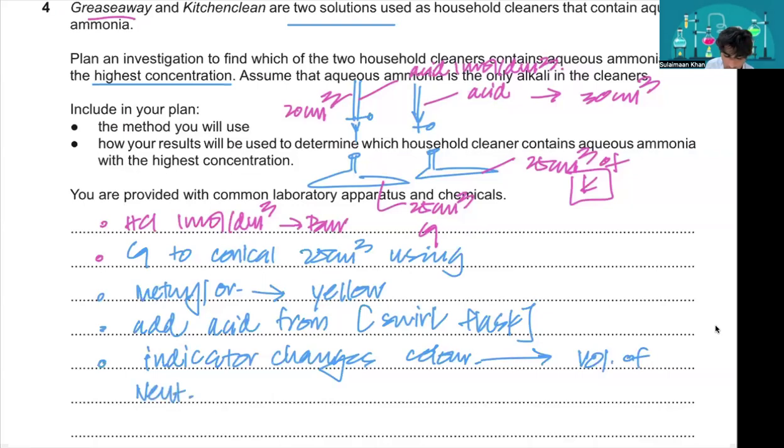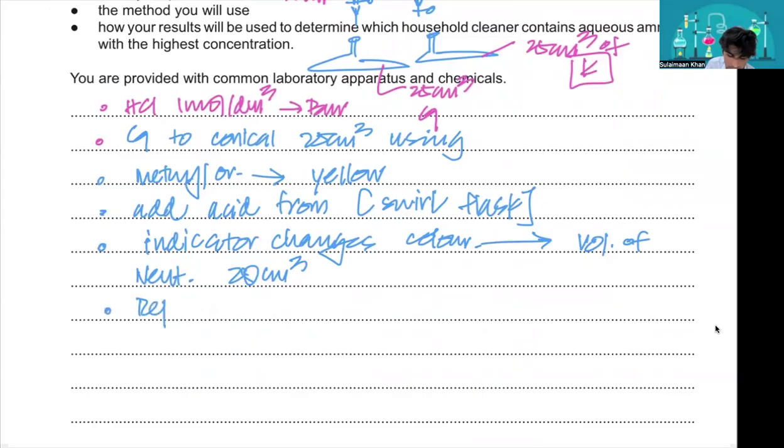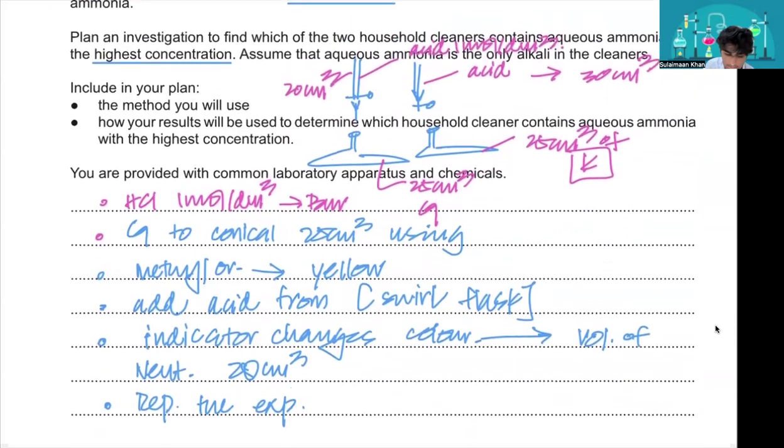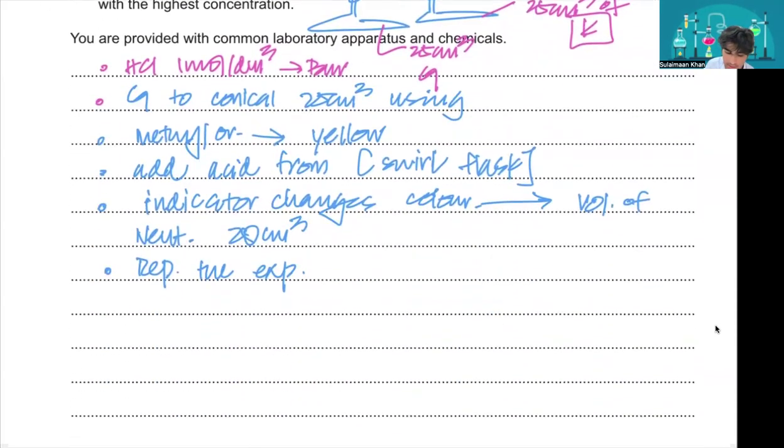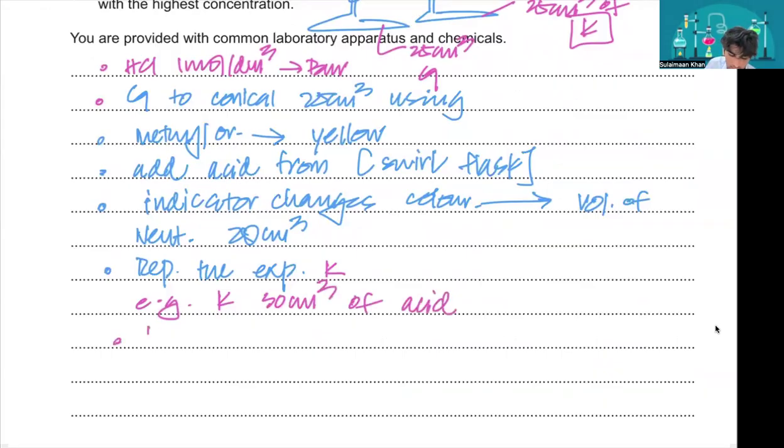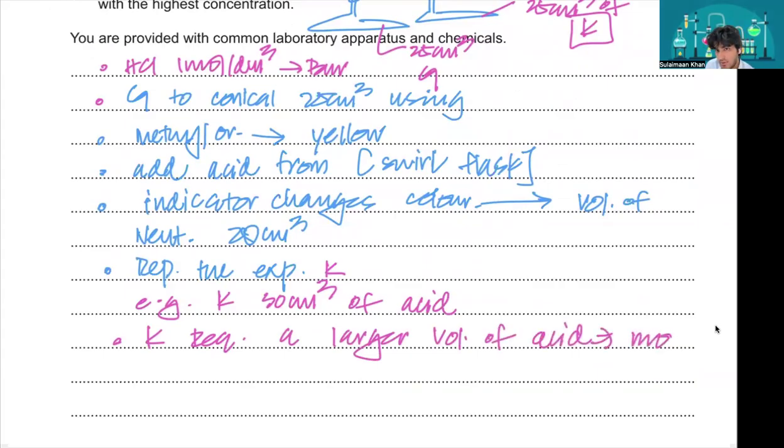Let's suppose for G it required 20 cm cube, and then repeat the experiment with K, and K needed 30 cm cube of acid. Since K required a larger volume of acid, it is more concentrated.